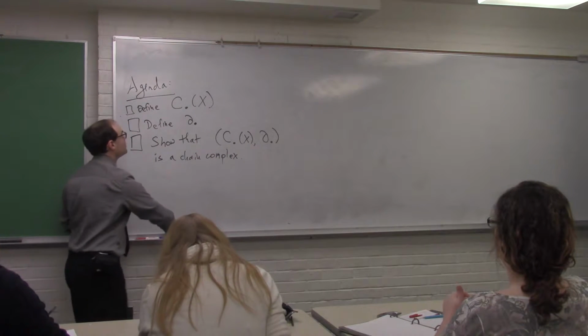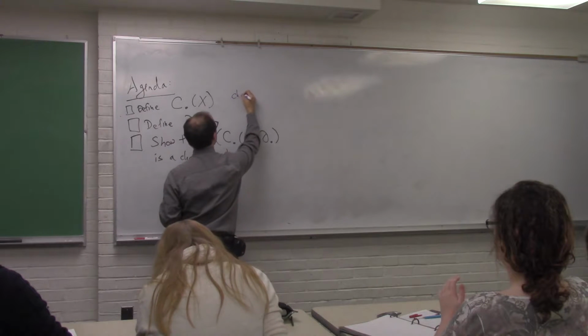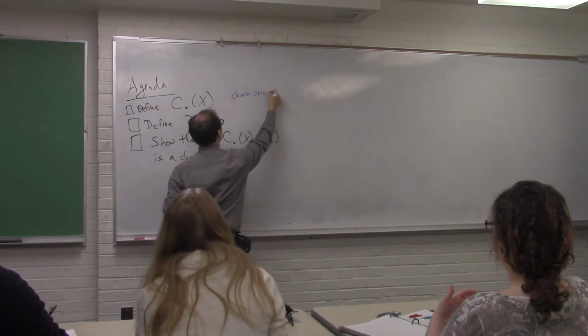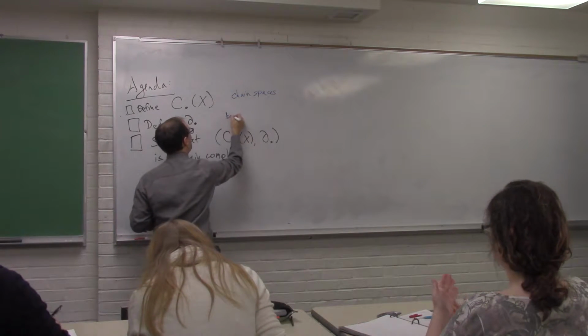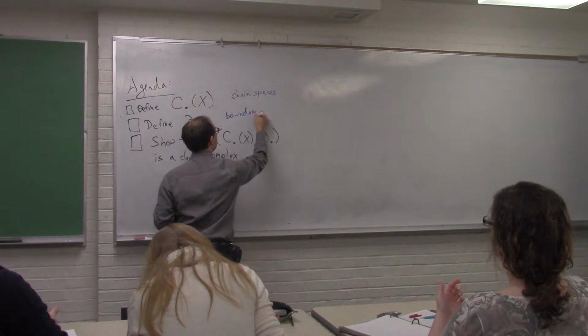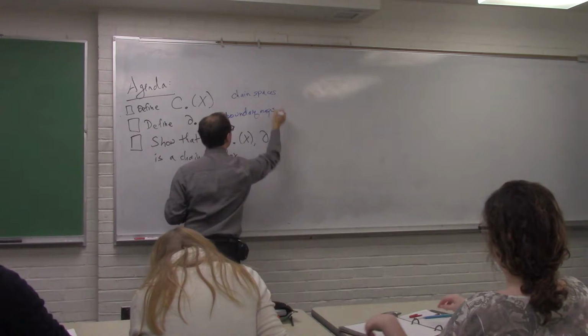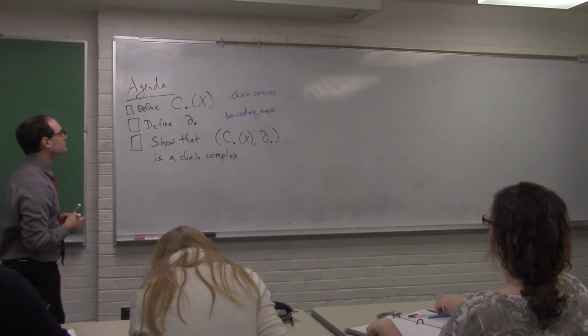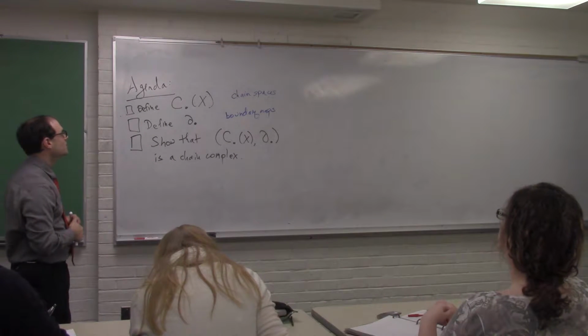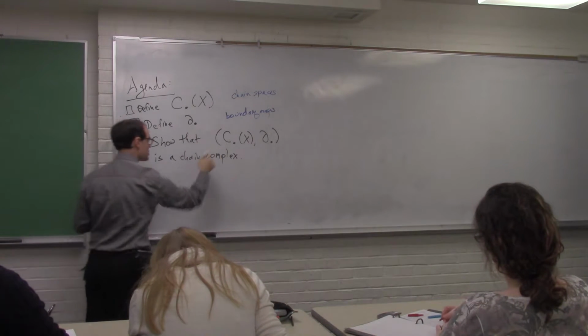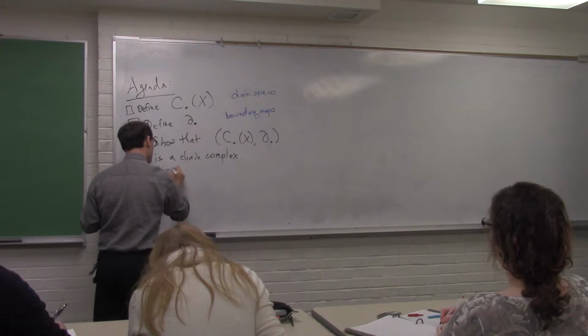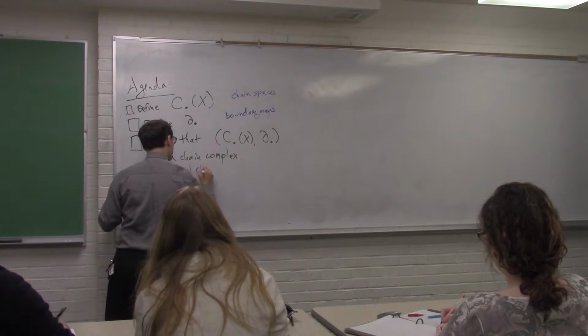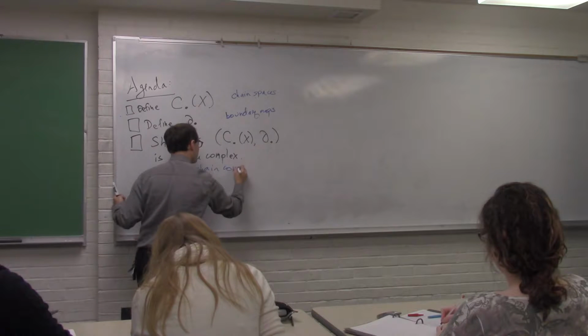Now, these are usually called chain spaces, and these are called boundary maps, and this is usually called the simplicial chain complex.